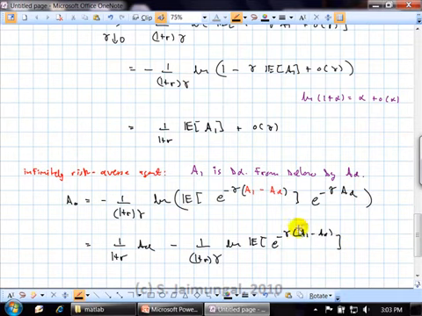So as I take the limit as gamma goes to infinity, I can be assured that this expectation is going to go to 0. Sorry, I have something positive.